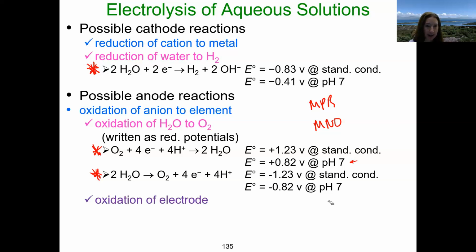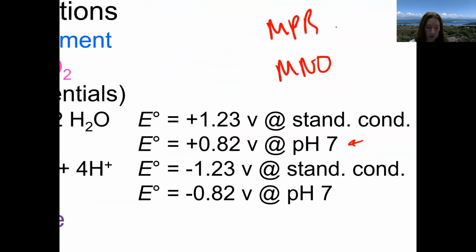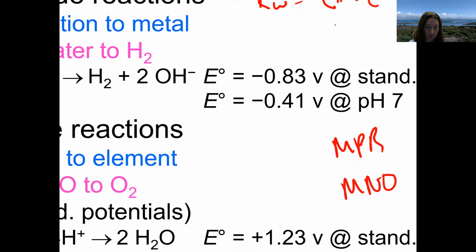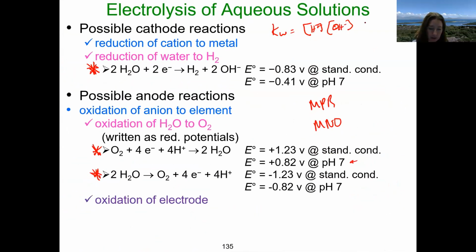Because water at any time has a concentration of 1 times 10 to the negative 7 hydrogen ions, and 1 times 10 to the negative 7 hydroxide ions, right? Because remember Kw? It's H plus times OH minus, equals 1 times 10 to the negative 14th.